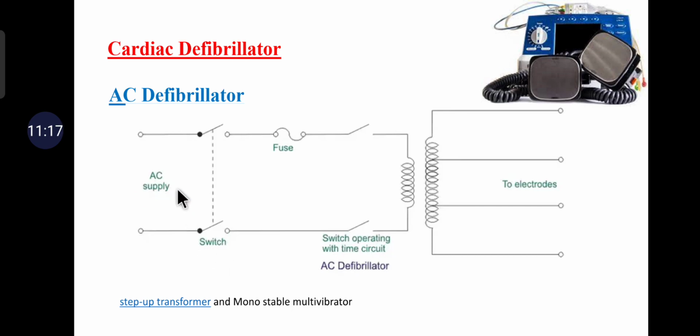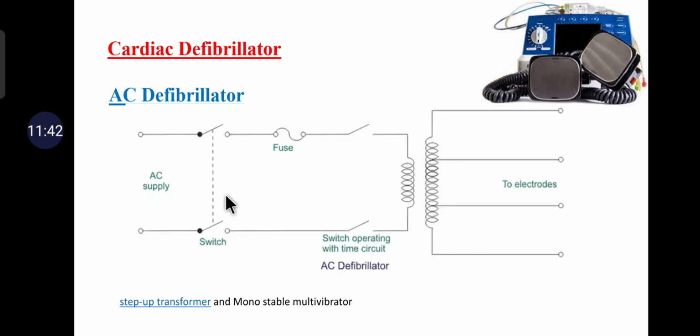It has an AC supply and a step-up transformer, and they are connected to the resistive and simple capacitive network or monostable multivibrator, the timing circuit. It is triggered with a foot switch or a push button switch.